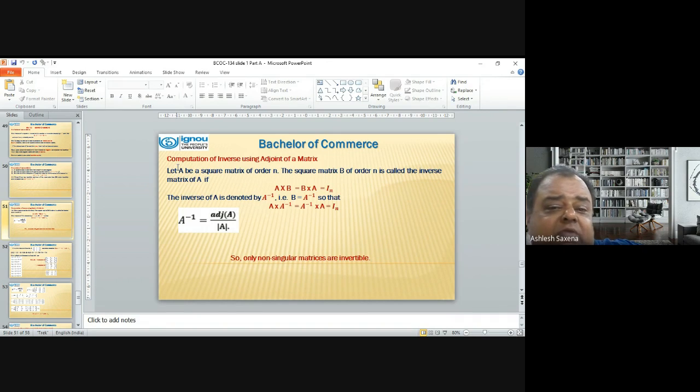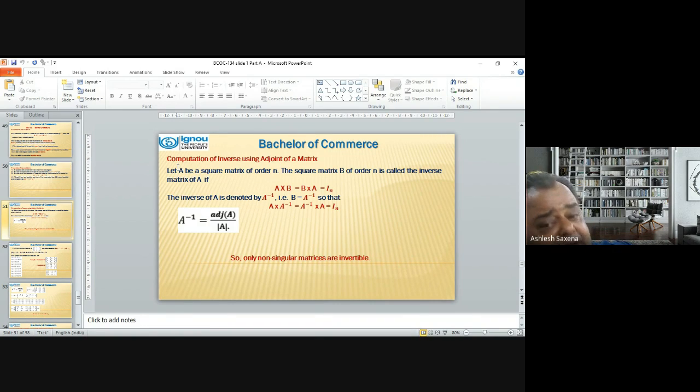Now, how to calculate the inverse using the adjoint of a matrix? Suppose we have a square matrix A of order n, and a square matrix B of order n is called the inverse of A if A cross B is the same as B cross A, which is equal to the identity matrix. The inverse is denoted by A minus 1, so we write B is equal to A minus 1.